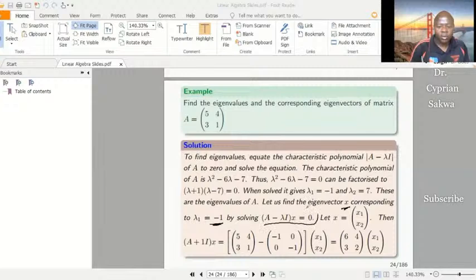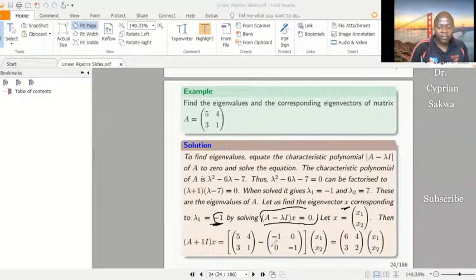I just say let x be x1, x2. And in this equation, this is a plus. It's plus because of this negative. It was supposed to be negative lambda I, but lambda is -1, so it becomes plus.